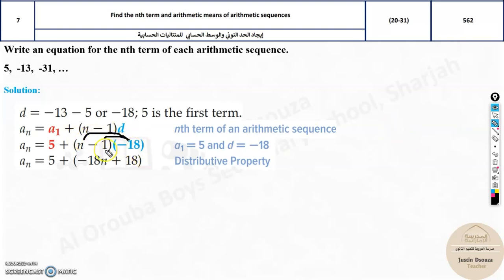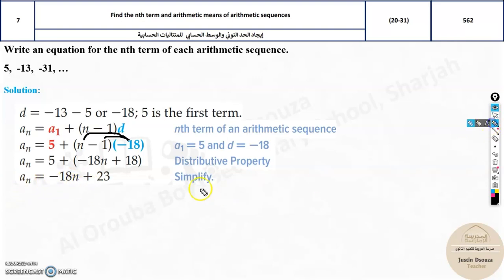And this is the distributive property. You multiply this negative 18 to n, and you multiply the minus 18 to minus 1. It'll be positive 18. And then simplify as much as possible. You can see 5 and 18 can be simplified. It'll become 23. So this an is the simplified formula, and that is the nth term.